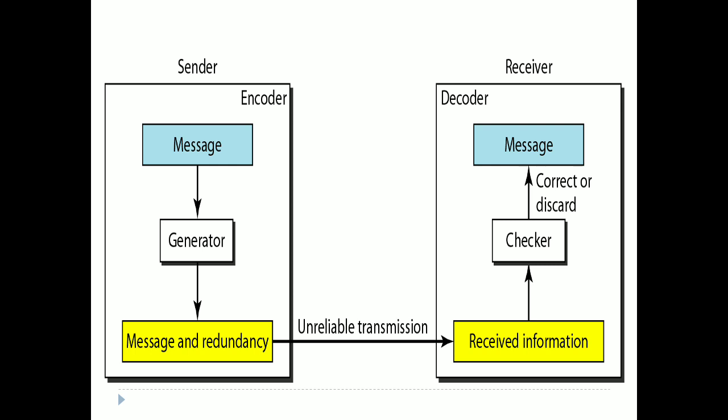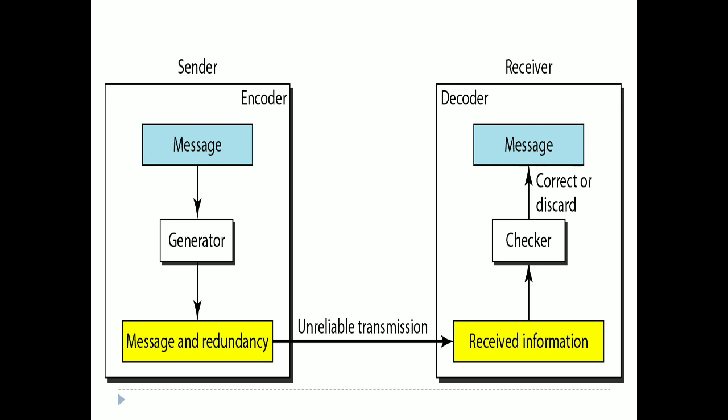Suppose a sender is sending a message containing data bits to the receiver. These messages are generated by a generator and sent with extra bits for redundancy. These redundant bits are transmitted to the receiver, where the information is received and checked. If the bits are correct, it is decoded and the message is viewed by the receiver.